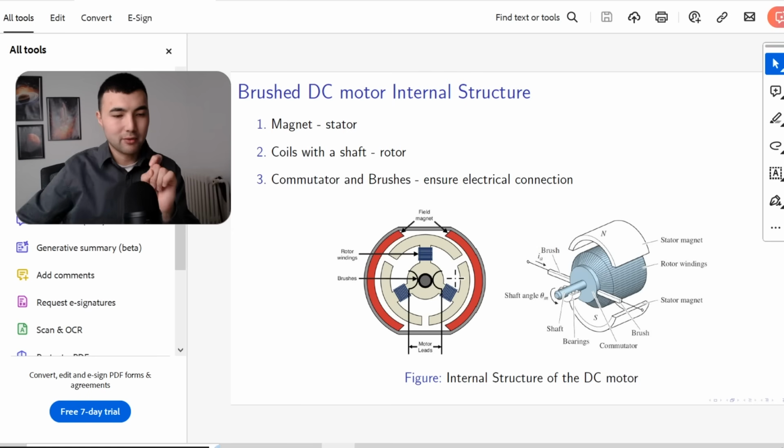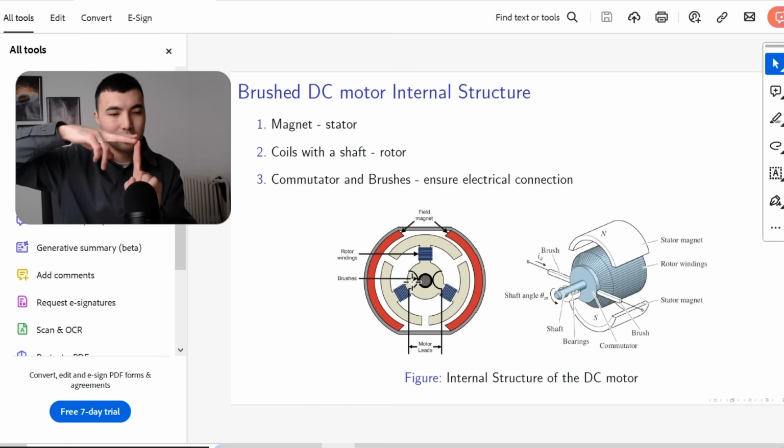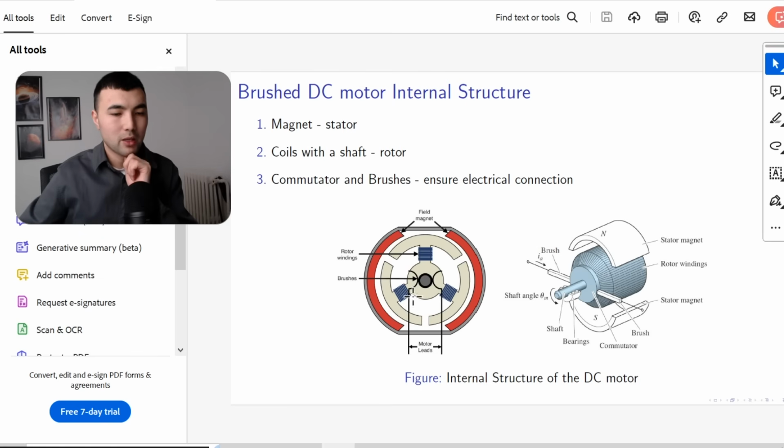So what we have is that when we apply voltage to these wires, basically to these brushes that are touching the rotor, we have voltage applied to these coils, and it will create a magnetic field. And this magnetic field will interact with the magnetic field of magnets.